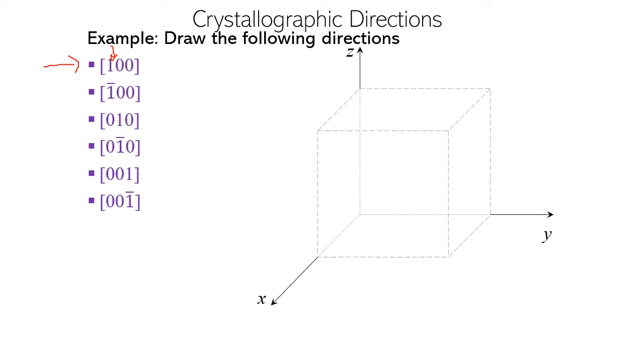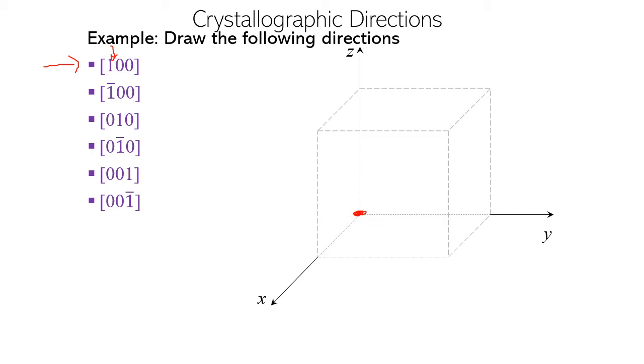Now we have to draw this direction [100], and starting from the origin, you have to simply travel along the x-axis, then y-axis, then z-axis by a length equal to the projected length.